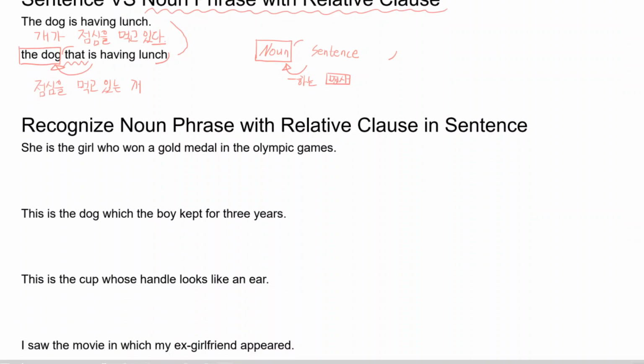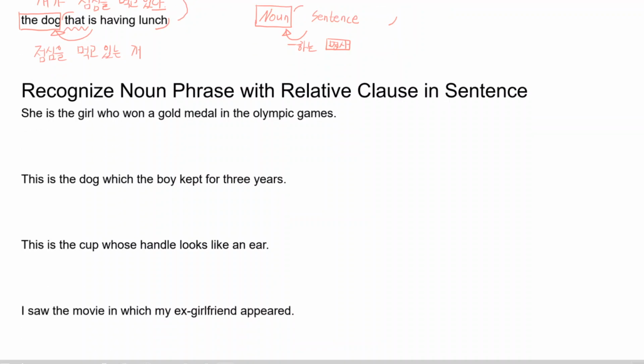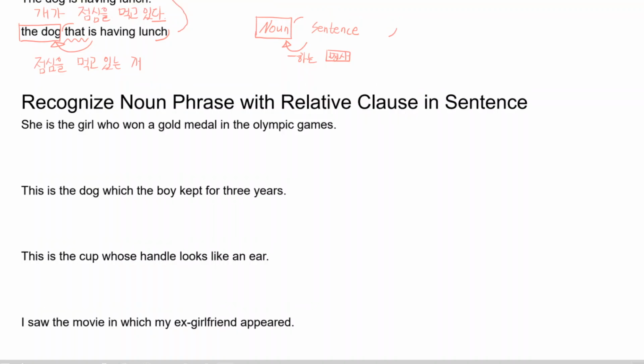Let's recognize noun phrase with relative clause in sentences below. So do you see any of these forms in the sentences here? Can you recognize it? I see there is this, right? The girl who won a gold medal in the Olympic Games.